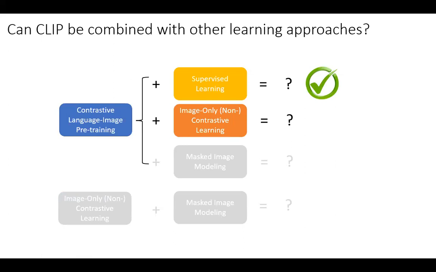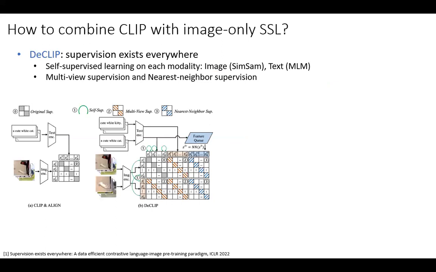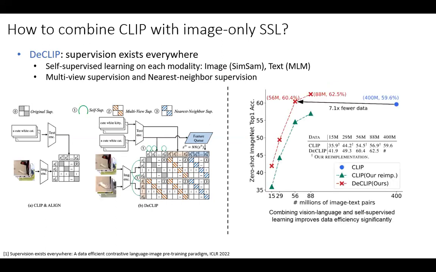But then how can we combine it together with the CLIP kind of training? So I think one paper is the DeCLIP paper, right? The high-level message is supervision can exist everywhere. So they propose to enhance the CLIP training with self-supervised learning on each modality.